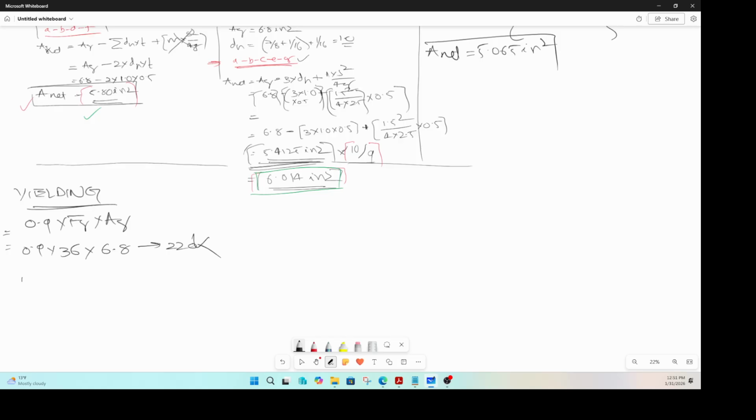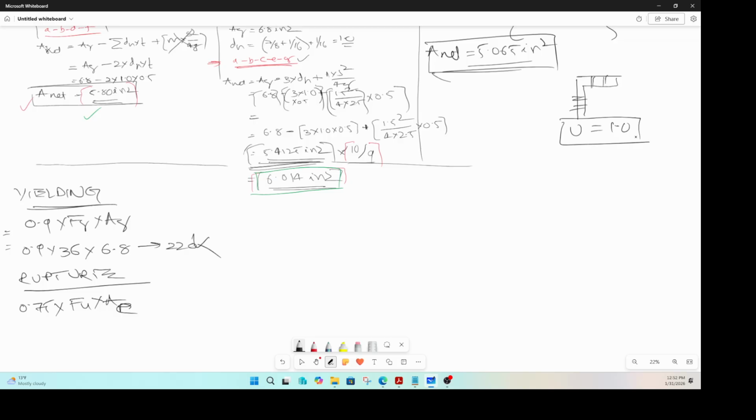Okay. Now let's talk about rupture. Rupture for that particular path with the least area. So rupture is 0.75 times Fu times A effective. A net was this much, and since both the legs are connected to the fasteners here and there, your U value, as we talked about in our previous session, we talked about different U values for different connection types.